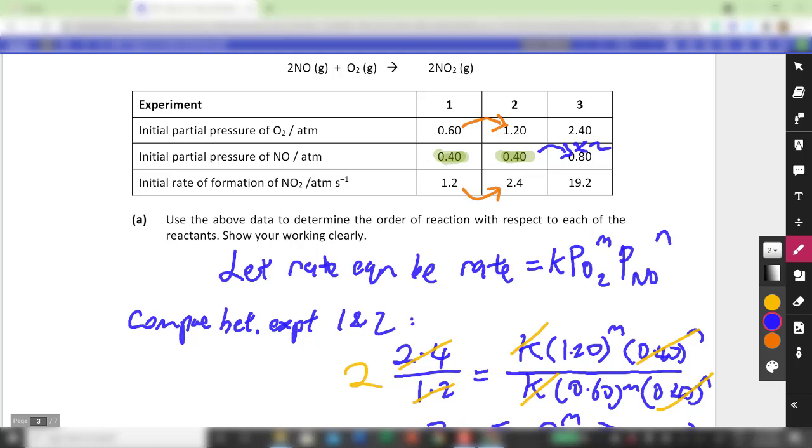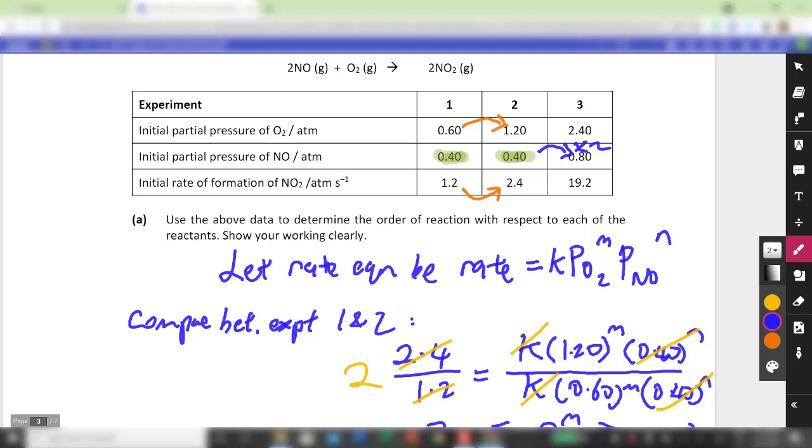Normally in tutorials or in the lecture notes, when we give you a very simple scenario, we try to keep some parameters constant between experiments, but here in experiment 3, both partial pressure of O2 and partial pressure of NO changed. However, you can still do it by the inspection method if you are confident of your language.